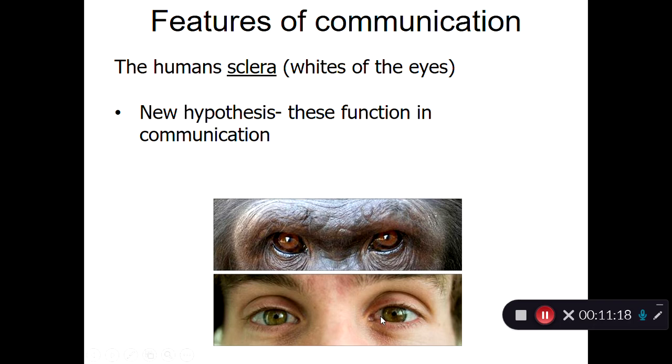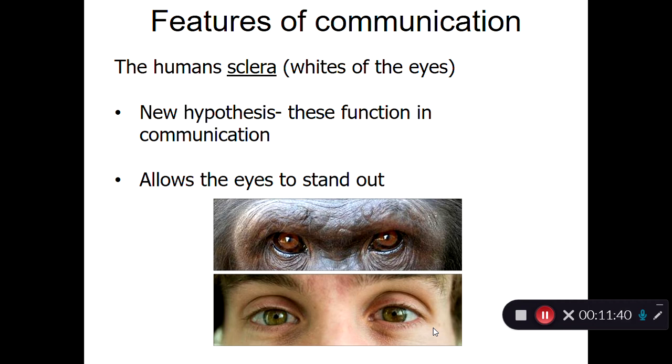We could very easily pick out the whites of the eyes, which allow your eyes to stand out. So it helped and aided in being able to communicate across space. And that's the reason why we have the whites, and not all animals have whites in their eyes.